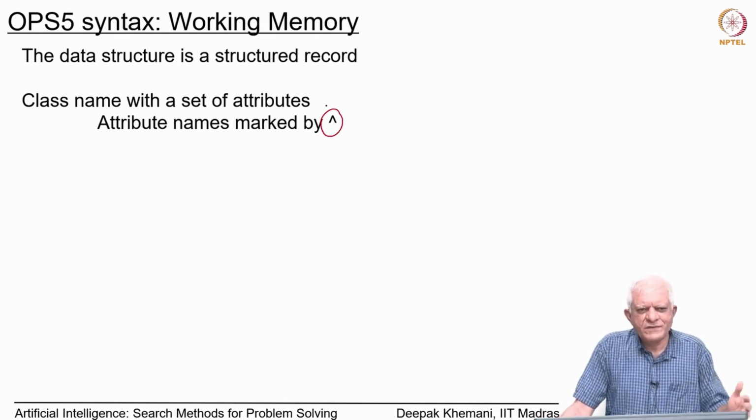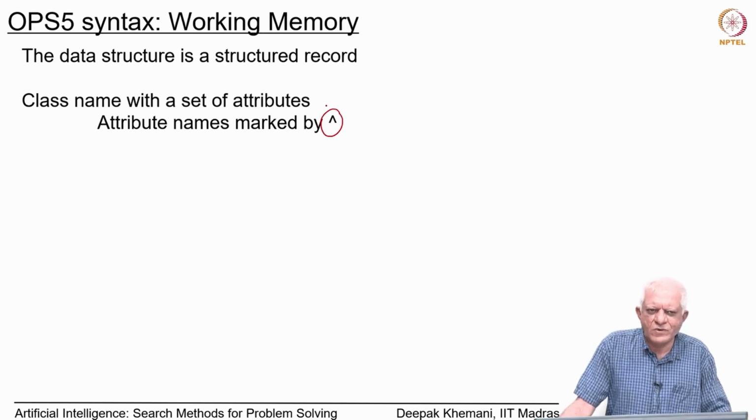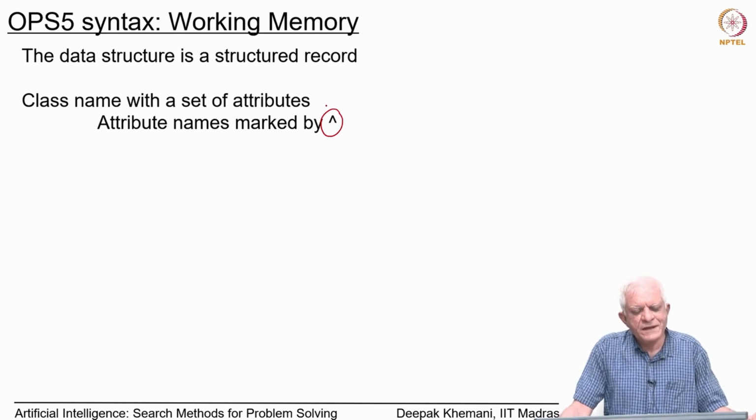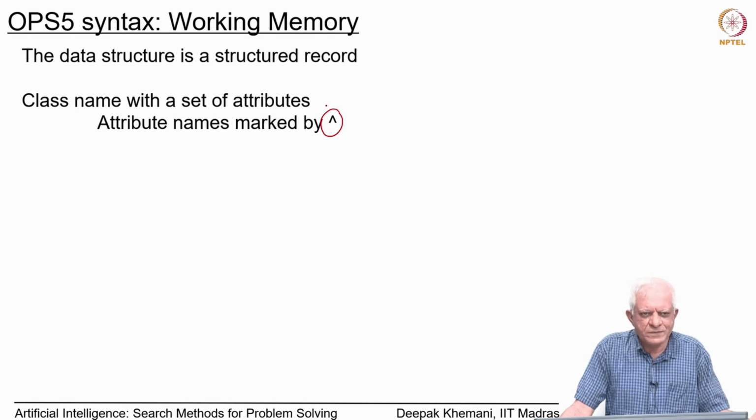You can imagine, for example, if you are creating a system for a college or a hostel, you would have a class name such as course, marks or student, anything which identifies the record type, and attribute names would be things like name, roll number, subject, or whatever the case may be.